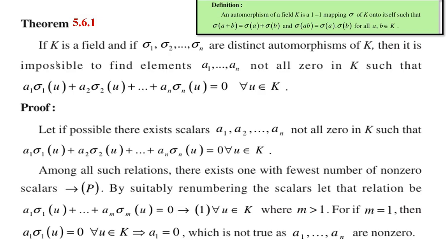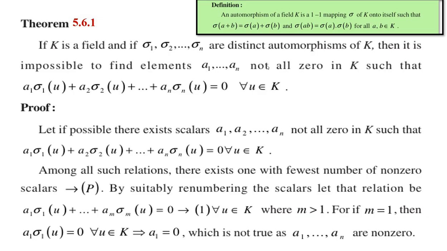Now, this theorem states that if K is a field and if sigma 1, etc., sigma n are distinct automorphisms of K, then it is impossible to find elements a1, etc., an, not all 0, in K such that the linear combination is 0. Here this is scalar 0. Here we have two negatives, and two negatives make the statement positive, in the sense that it is impossible to find elements a_i's not all 0.